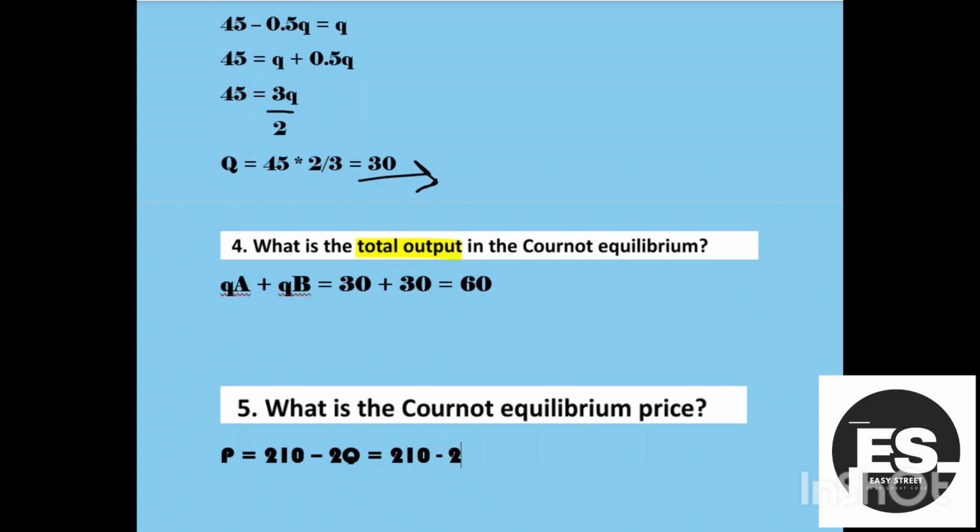It's going to be times 60. Always use the total output answer when you're calculating your price, and that should give you 90.